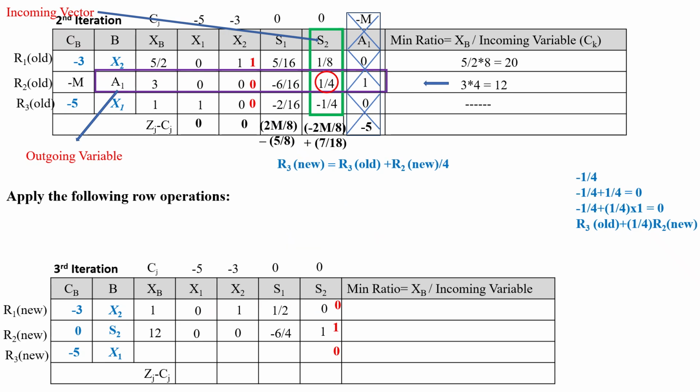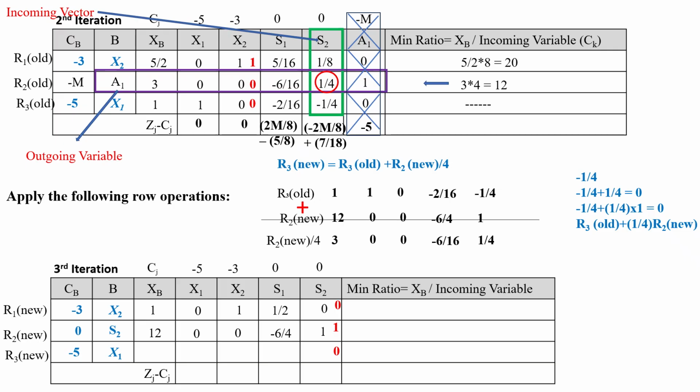Next row operation is R3 new equals R3 old plus R2 new divided by 4. So write down the R3 old elements. Next write down the R2 new elements, and R2 divided by 4 is equal to 3, 0, 0, minus 6 by 16 and 1 by 4.